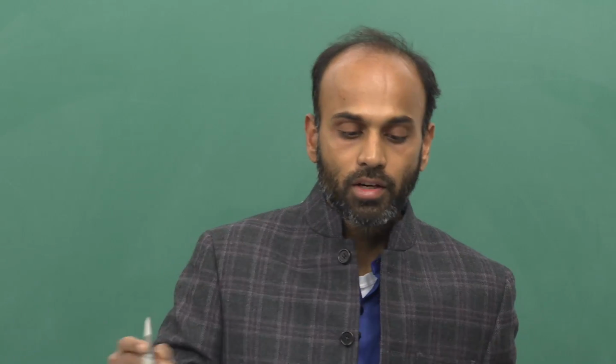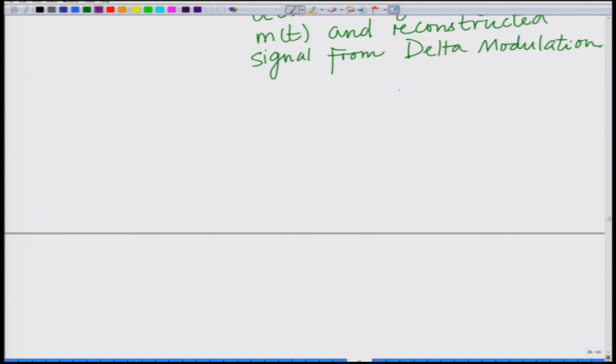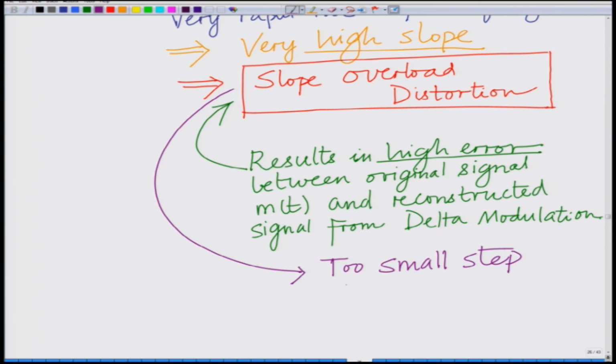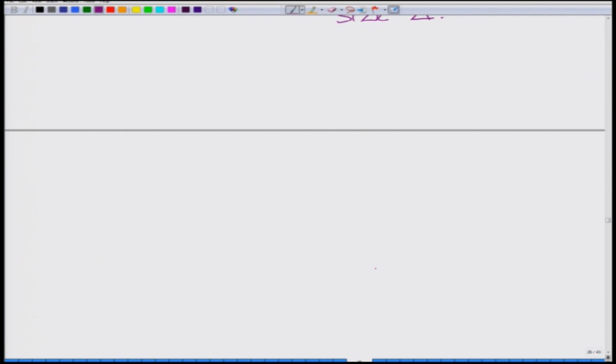On the other hand, when the step size is too large, now let us see what is the problem. This slope overload distortion ultimately arises from too small a step size.